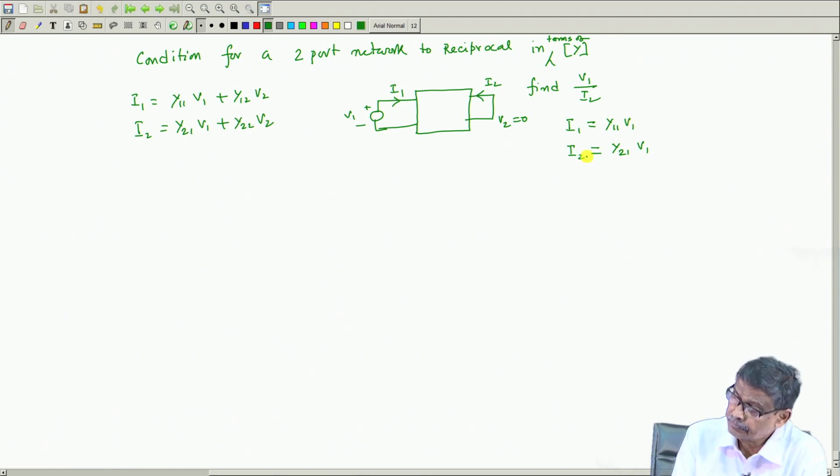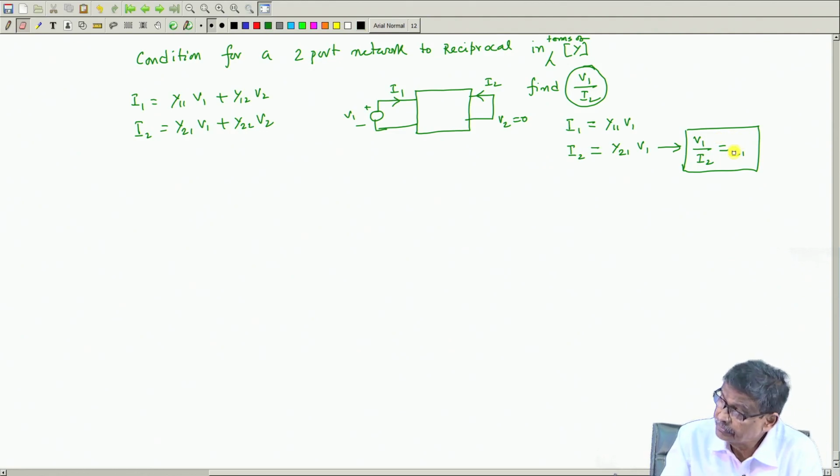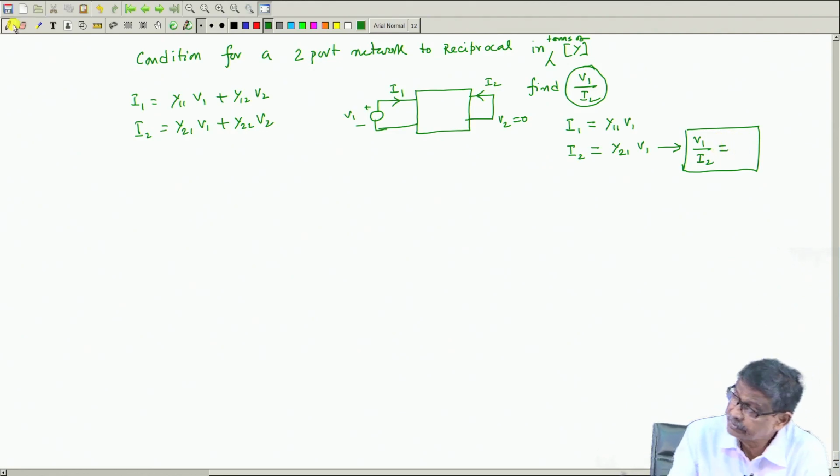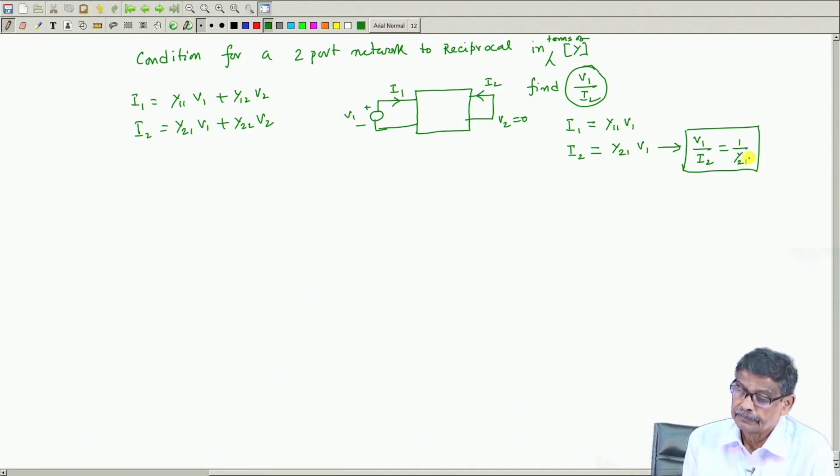I have to calculate V 1 by I 2. Therefore, the first equation will not be used here, because this equation straight away gives you V 1 by I 2 equal to 1 over y 2 1, and we keep this result. It is admittance, so 1 over y 2 1, we leave it there.